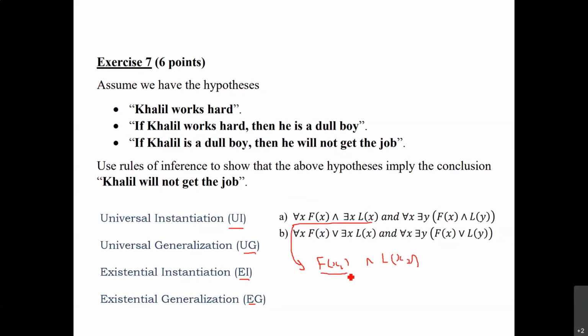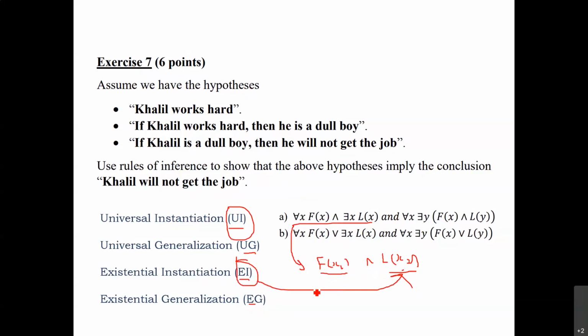Here we were using UI. We were universally instantiating x1. And here we were existentially instantiating x2, since x2 is an instance and x1 is general. Yeah, so that was the instantiation.